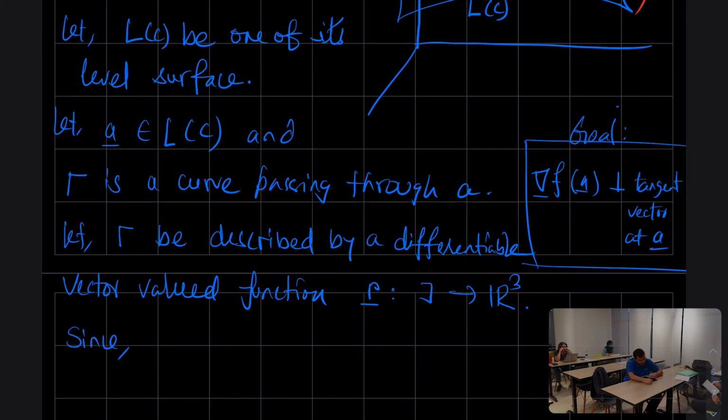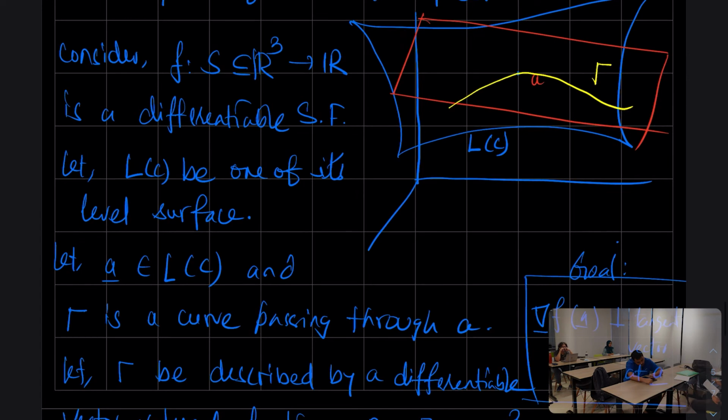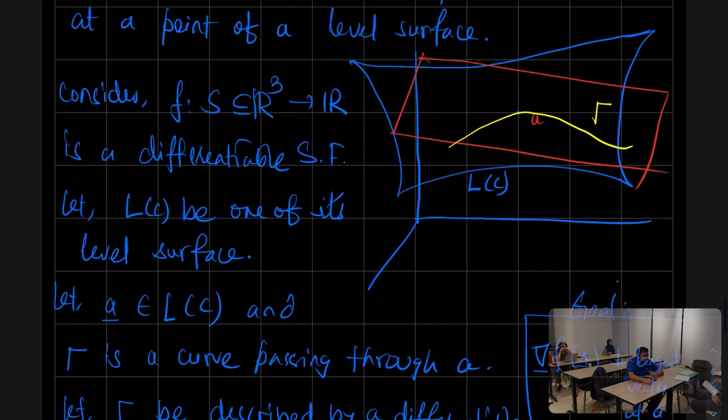Look at where gamma lies. Gamma is part of LC, no? Gamma is lying on LC. The yellow one is actually part of LC. I should have drawn it completely contained in LC.